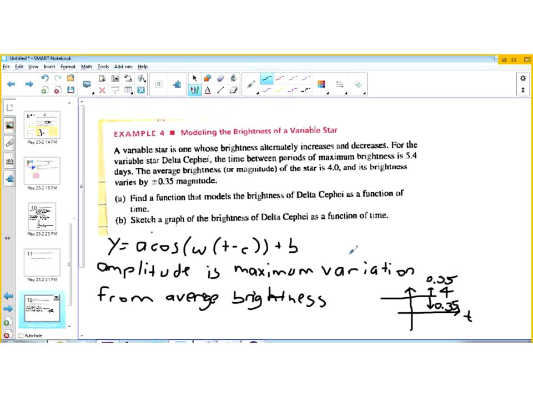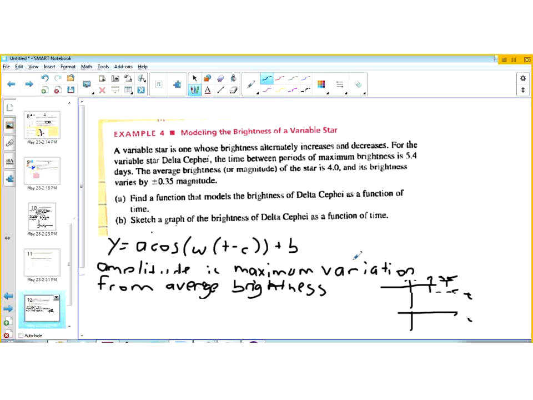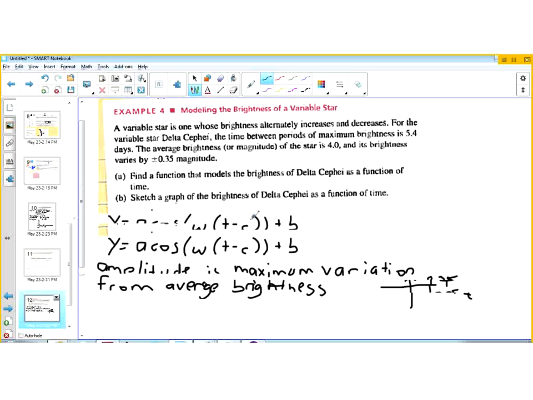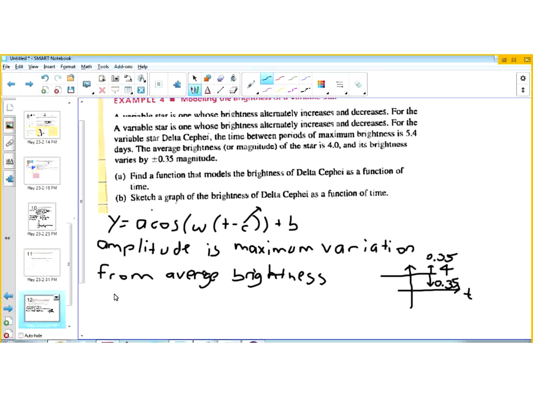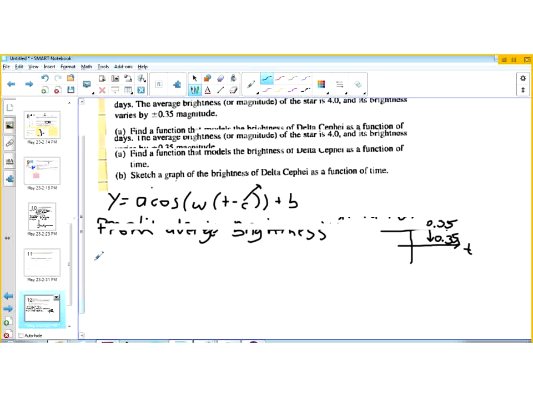Now we're given a period of 5.4 days for the variation of the brightness. So now there's no reason to use C because we can consider, since we're looking at the object straight on, there's no reason for an offset for C. I can't think of an explanation of why we would want to use C. So that means we can simplify now.